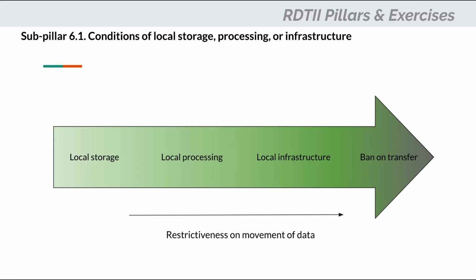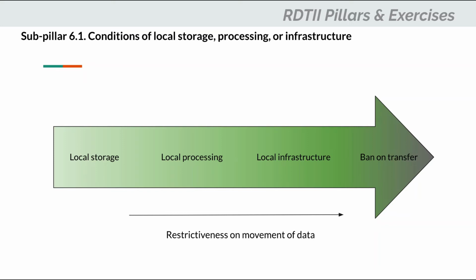Businesses can transfer data across borders as long as a copy of the data is kept within the economy. Local processing requirements mandate that businesses process certain data domestically. Processing data refers to various activities involving data, such as storage, adaptation, use, disclosure, and dissemination.